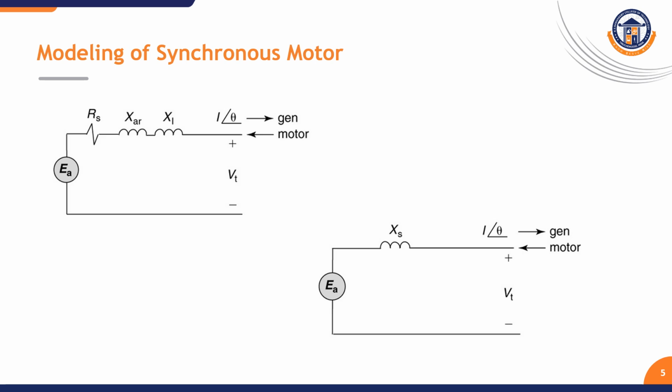The only difference between the synchronous motor and the synchronous generator is the current direction. Current coming out of the machine means it is a generator. Current coming into the machine means it is a motor. That is the difference between synchronous motor modeling and synchronous generator modeling.